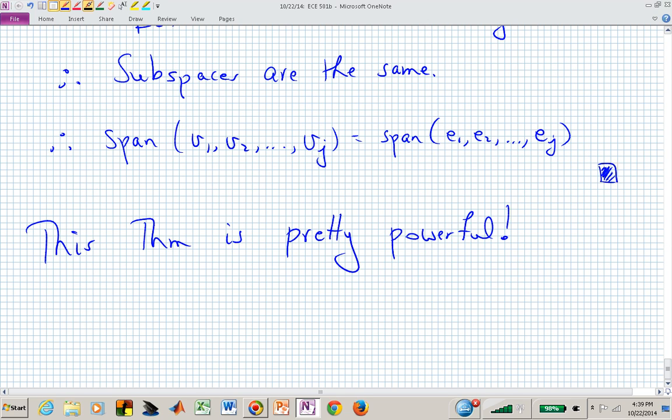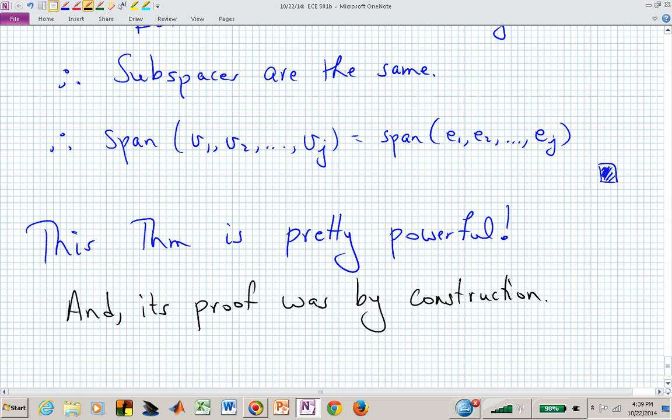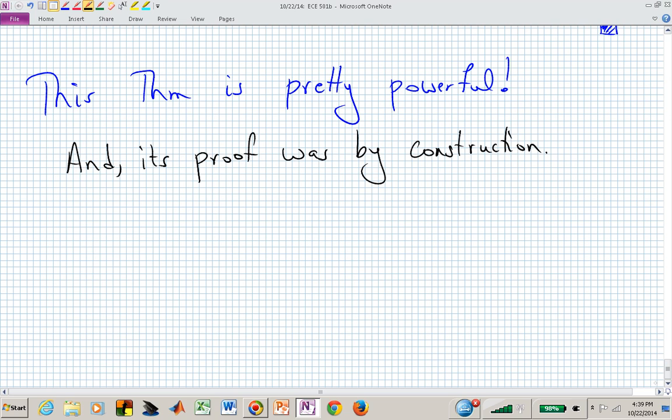The nice thing, too, is that we created that proof by construction, which now allows us to build up from any linearly independent list an orthonormal list of vectors.